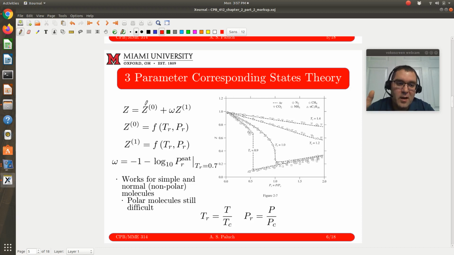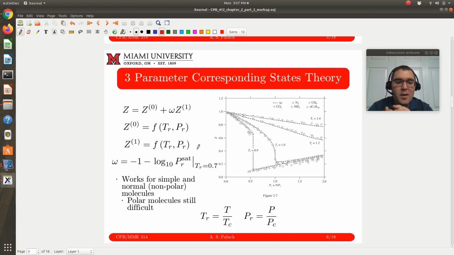So Z is now Z naught, which is just a function of reduced temperature and pressure, two-parameter corresponding states theory, plus a correctional term, which is my eccentric factor, my deviation from the simple spherical limit, times Z1, which is likewise just a function of reduced temperature and pressure.